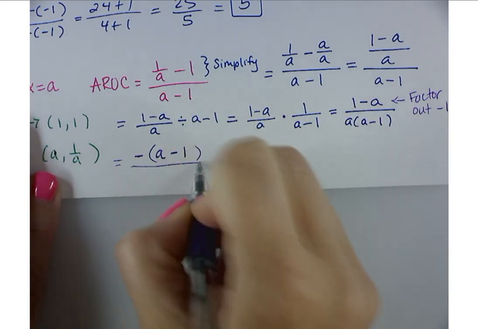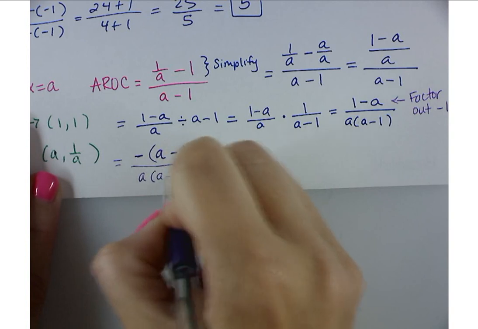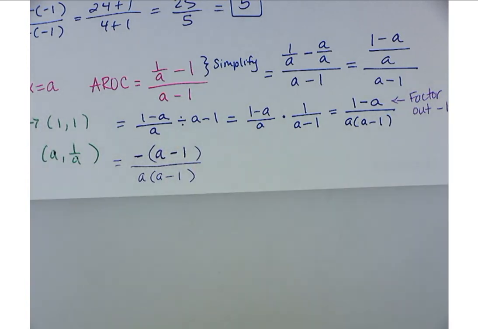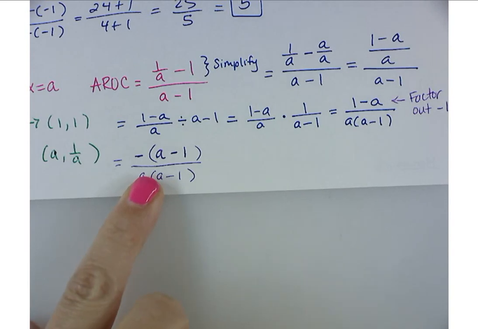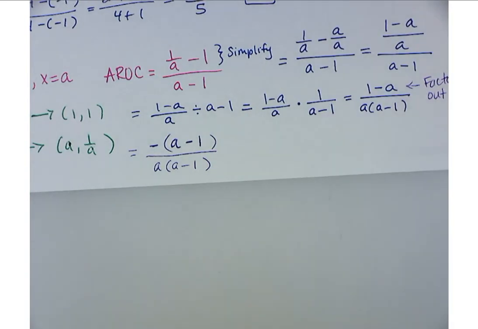Why would I want to write it like that? Yeah, so I want it to match the bottom, right? And then that's in standard form. Your variable first, your number term second. Okay, so now from this step, is it clear to see that you can cancel those out? Yep.